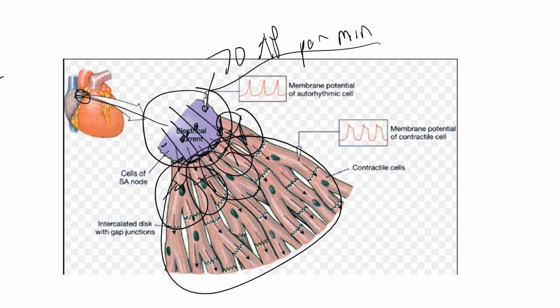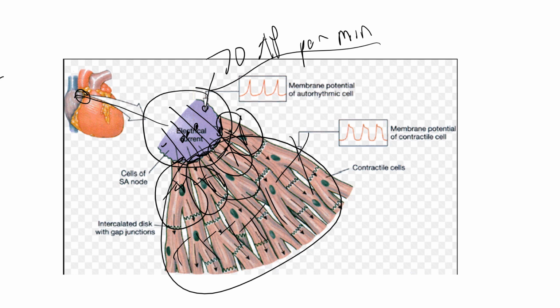And by the way, we'll go through the whole process of excitation-contraction coupling, how the action potential causes cardiac muscle fibers to contract as well. But the SA node fibers themselves don't actually have a lot of actin and myosin within them. So the SA node fibers do contract a little bit through the same way that these other cardiac muscle fibers are going to contract, but at the same time, it's not really the same thing.